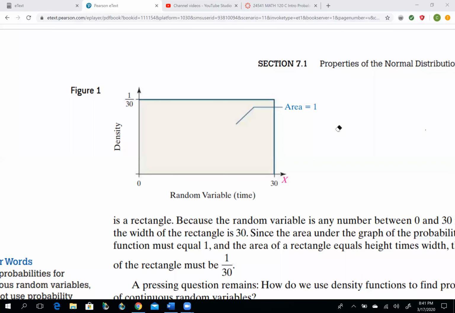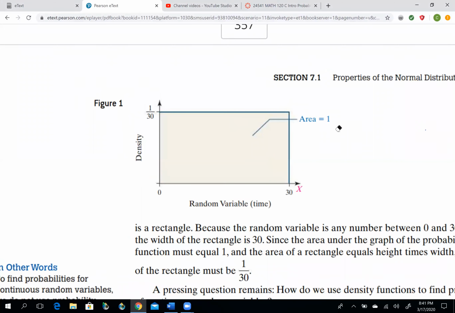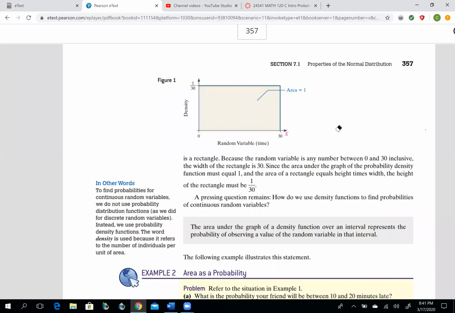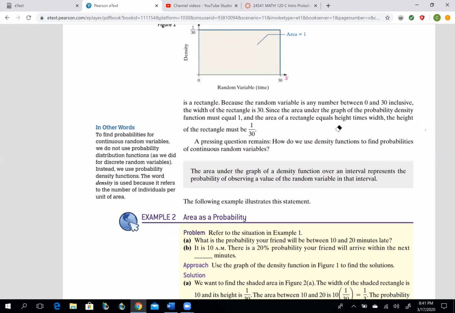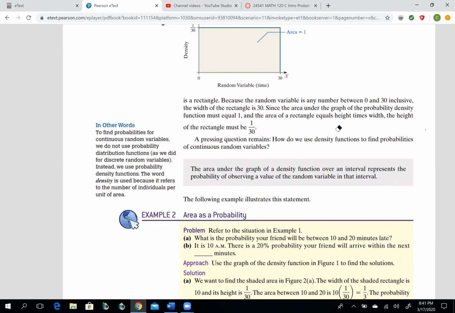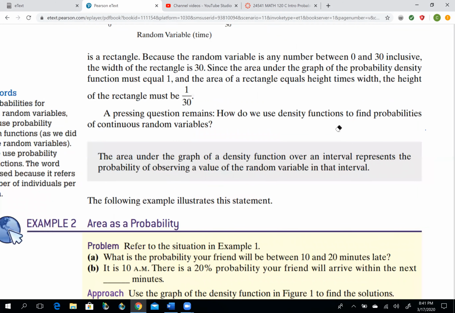Now, the area under the graph of a density function over an interval represents the probability of observing a value of the random variable in the interval.